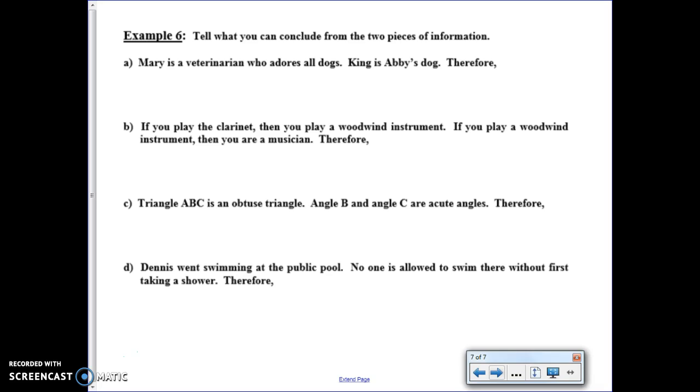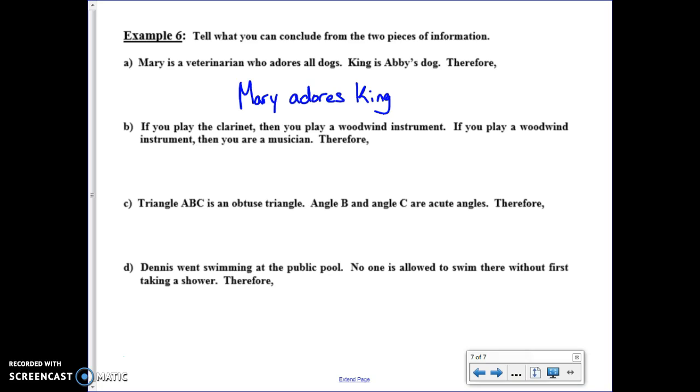Therefore, we want to know what we can conclude about Mary. If Mary adores all dogs and King is a dog, then we know that Mary adores King. If you don't have that wording exactly, that's okay, but something close to that is what you should have.